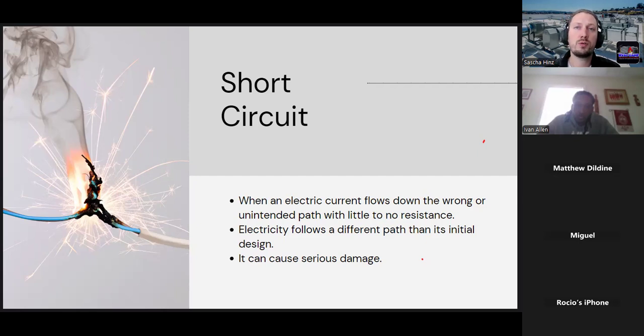Now your system would be running in heating and cooling at the same time, which causes system inefficiency. You will get a no heat or a no cool call because your system is inefficient, but your breakers would not necessarily trip. Your low voltage might not necessarily trip. So that is a short circuit that causes a problem that will lead to a service call, which is different from a ground fault.